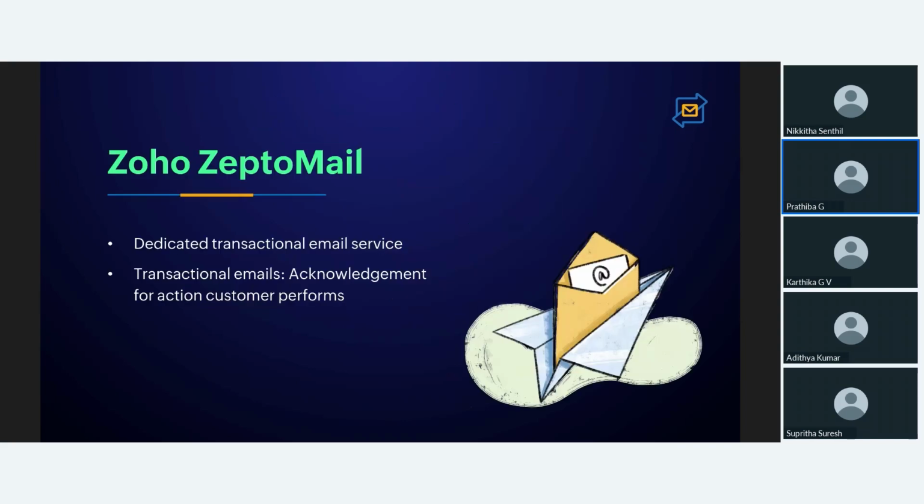Zoho ZeptoMail is a product that is focused on sending transactional emails. Transactional emails are emails which are sent as an acknowledgement for an action a user performs on an application or website. As a business owner, you'll constantly be relying on these emails to communicate with your customers.